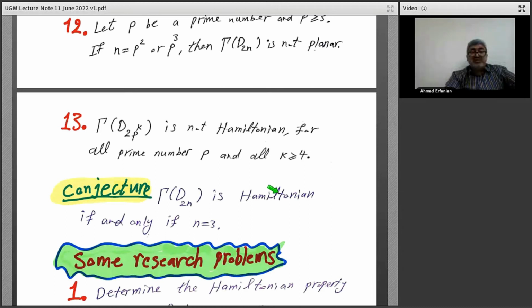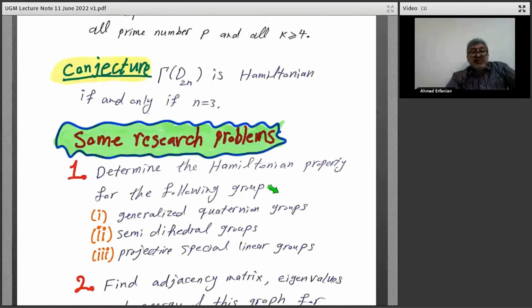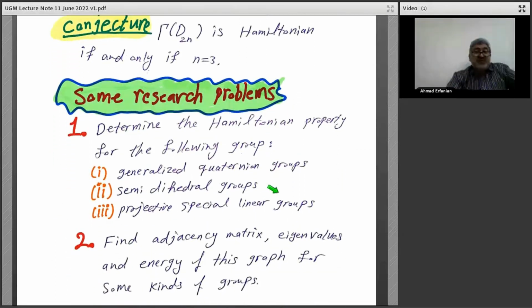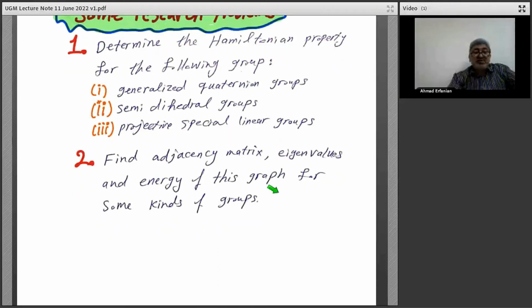I have checked this for many values of n and it was true, but I have not been able to prove it in general. Here are some research problems, so we can check and determine the Hamiltonian property of this graph for some other kinds of groups like the generalized quaternion group, semi-dihedral group, projective special linear group, and so on.